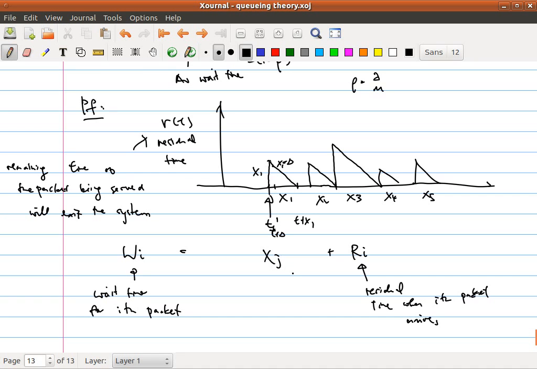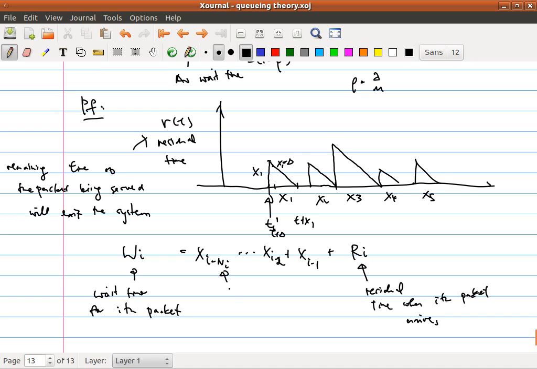So let's say there are Ni packets in front of it. I can write it as x(i-1) plus x(i-2) and so on, up to x(i-Ni).